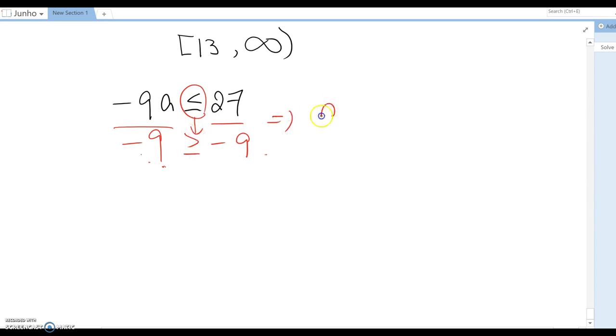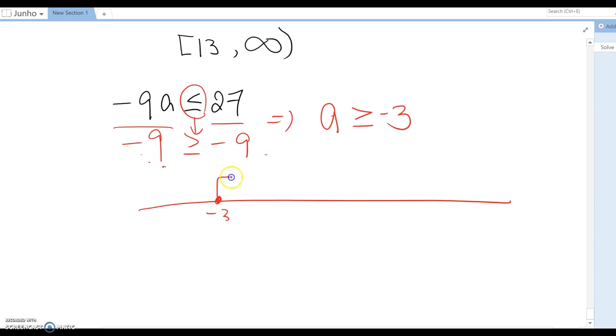So this becomes a is bigger than or equal to negative 3. Okay? So the answer is inclusive from negative 3 going in the right direction. If you make the interval notation, this also becomes bracket negative 3 comma infinity parentheses. Okay?